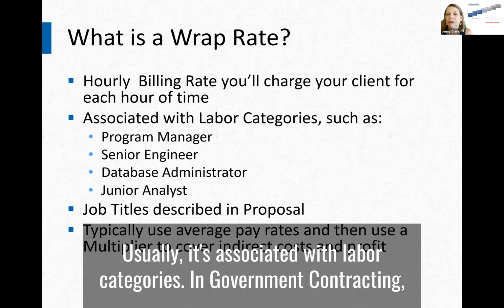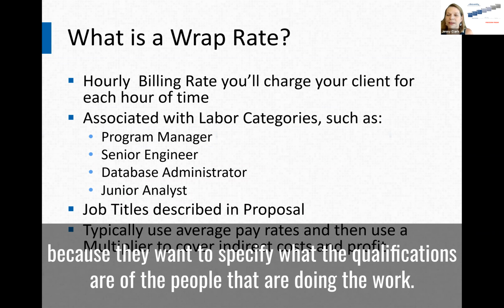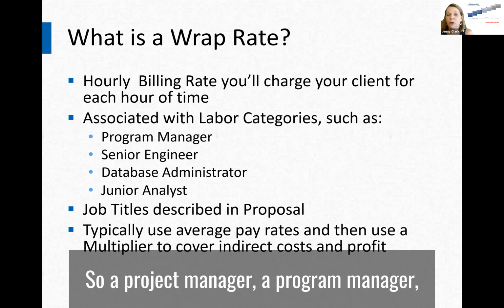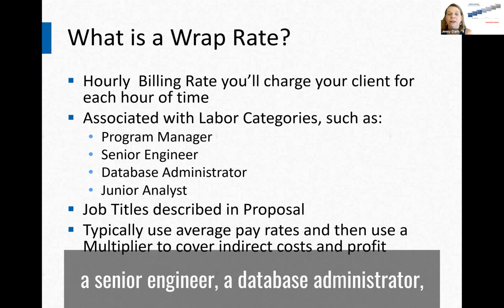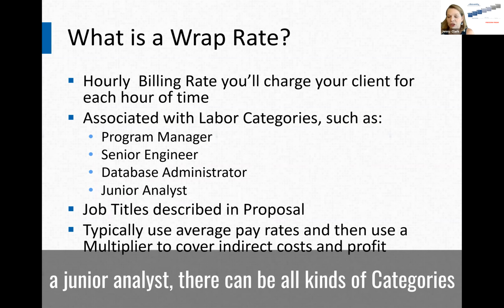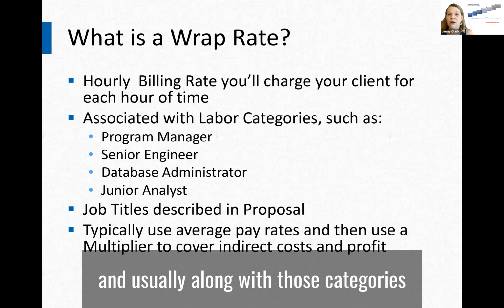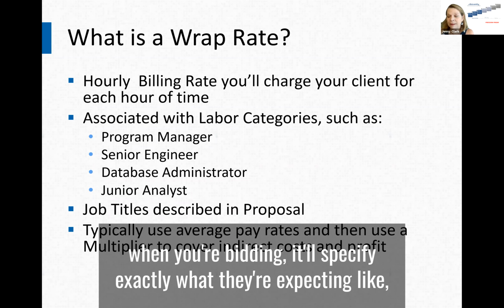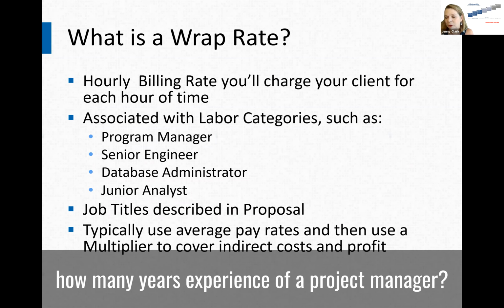Usually it's associated with labor categories. In government contracting, you tend to bid by labor category because they want to specify what the qualifications are of the people that are doing the work. So a project manager, a program manager, a senior engineer, a database administrator, a junior analyst. There can be all kinds of categories. And usually along with those categories, when you're bidding, it'll specify exactly what they're expecting, like how many years of experience of a project manager.